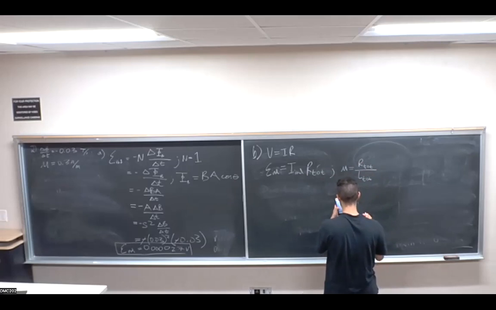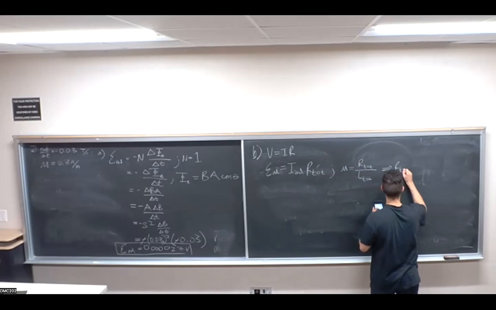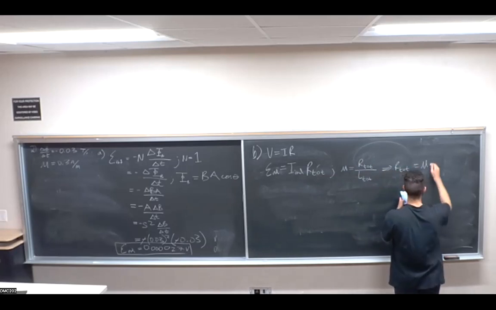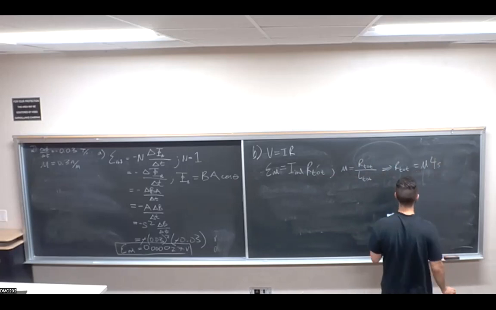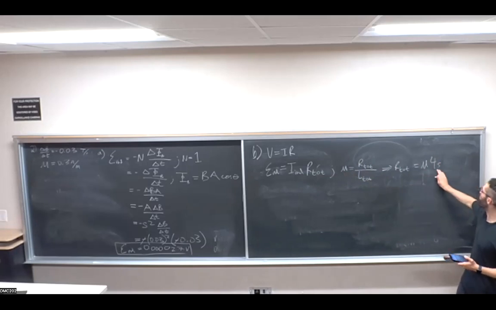Let's say our R total is equal to mu times 4s. So that's this value mu times the total length, and there are 4 sides of length s.